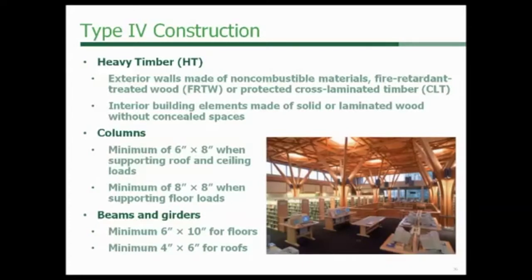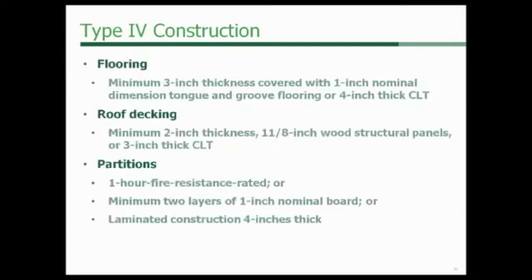In the current code cycle, we're working on a means of having protected concealed spaces in type 4 buildings based on similar provisions to what are in NFPA 13, the sprinkler standard for protecting concealed spaces of combustible construction. Here are the minimum dimensions for columns and beams and girders in type 4. Probably familiar with those. Flooring also has minimum dimensions in type 4, roof decking, and partitions.